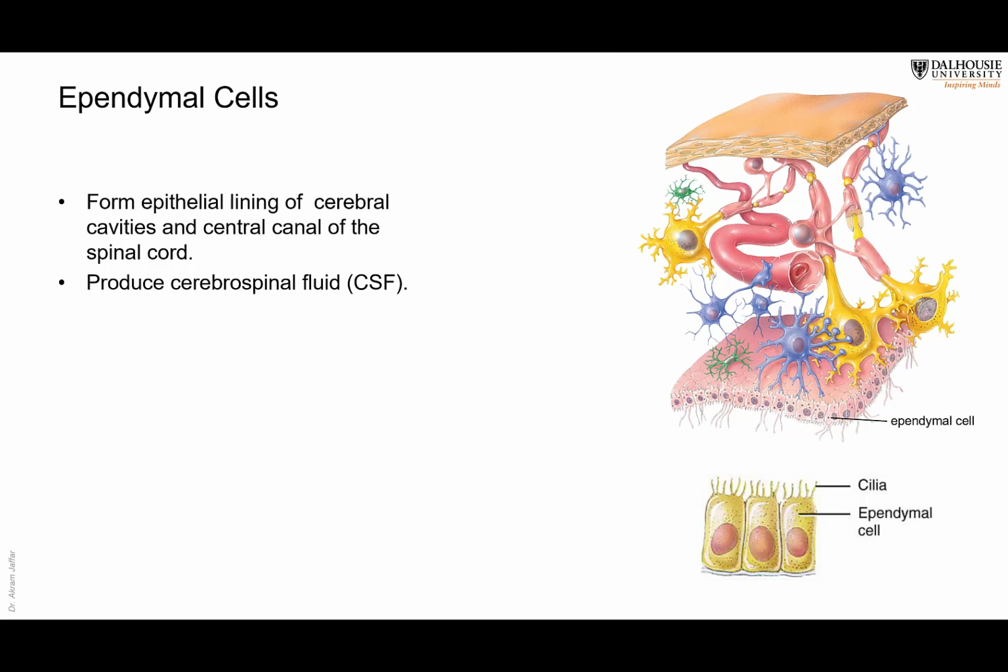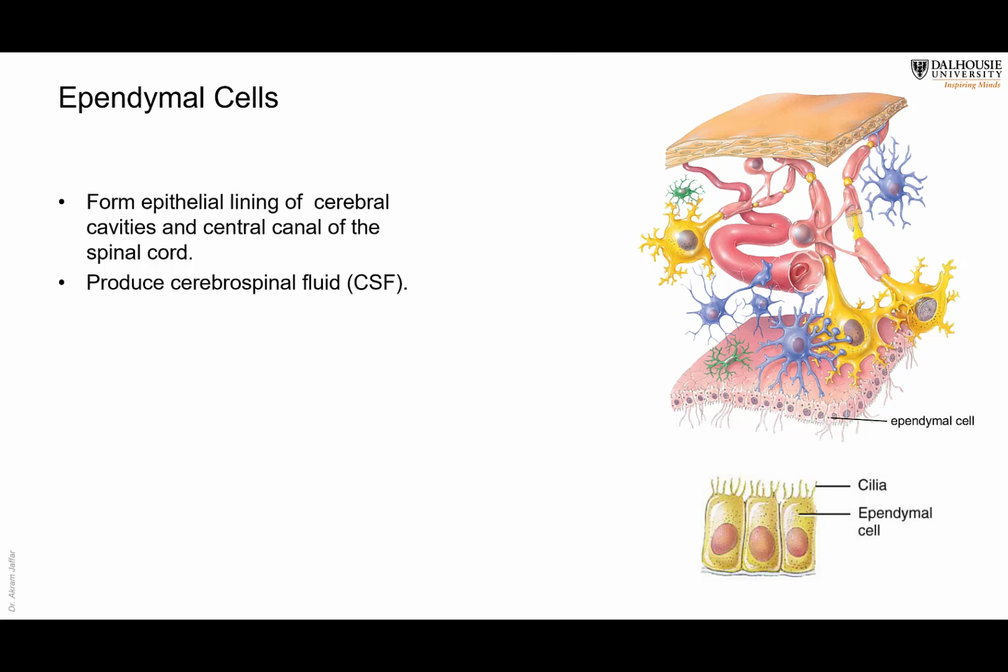Then we have the ependymal cells, and as you can see, they are cuboidal or columnar cells. They line the ventricles of the brain. We're going to talk about this probably next week, that inside the brain there's a ventricular system. There are spaces, and these spaces are washed by and contain a fluid called cerebrospinal fluid.